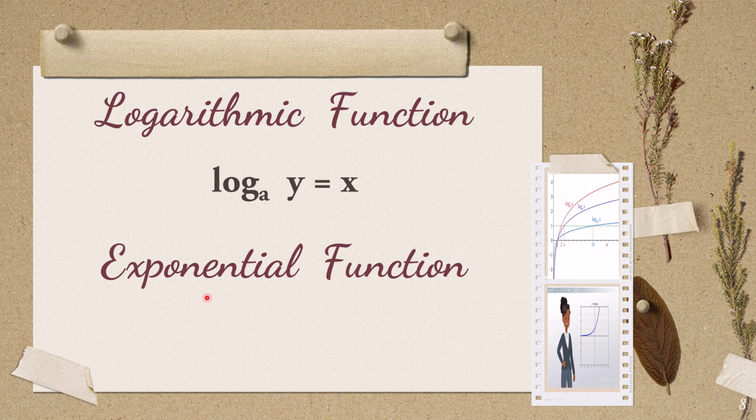To change to exponential function, the base of the logarithm is equal to the base of the exponential. So that is a. So a to the x equals y. The base of the logarithm is the same base as the exponential. So our exponent, a to the x equals y.